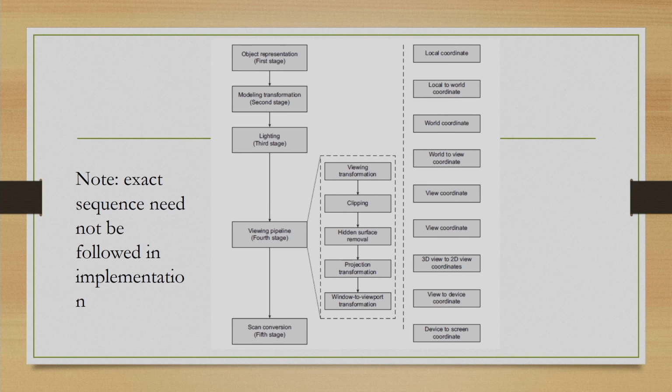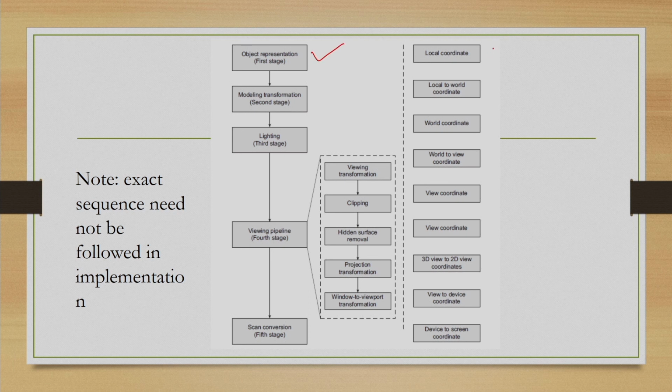And then we learned about the pipeline, that is the conceptual stages involved in converting an image described in the form of component objects to the final synthesized image. We learned the stages in a particular sequence, starting with object representation, that is the first stage.